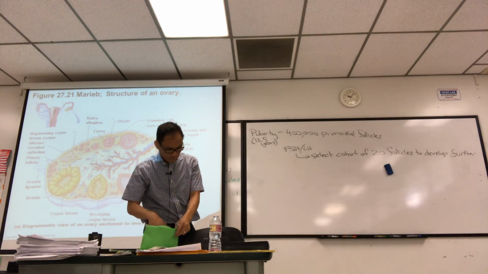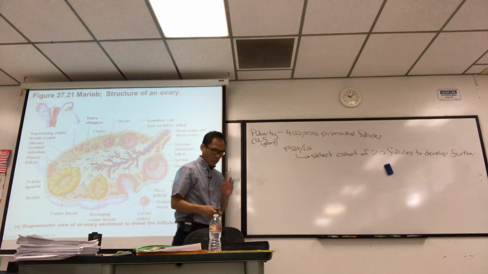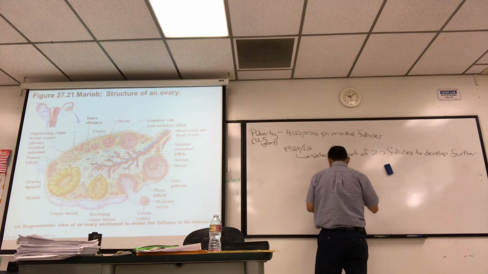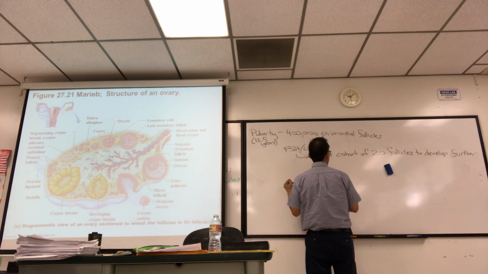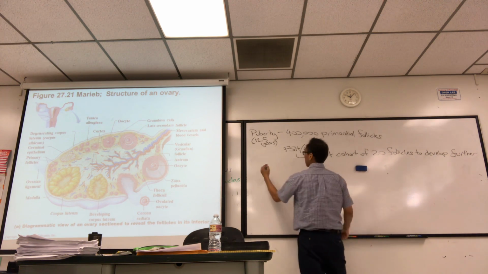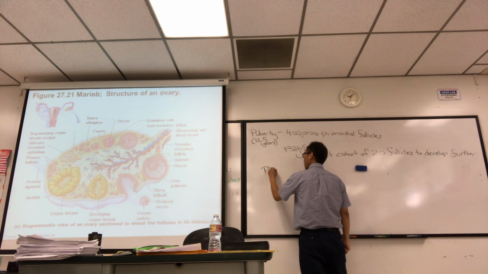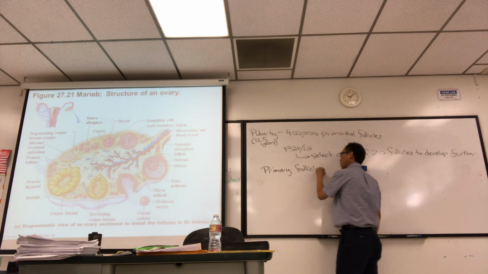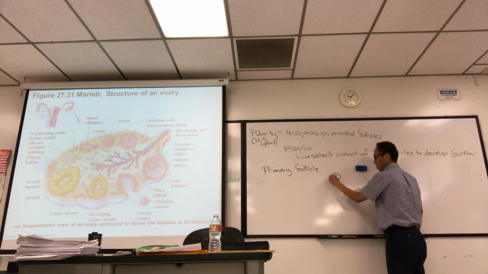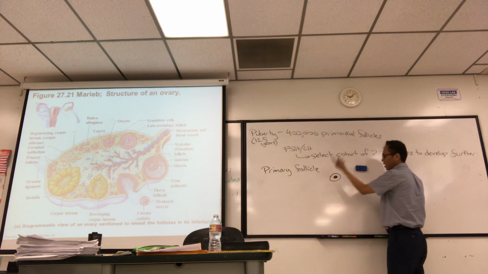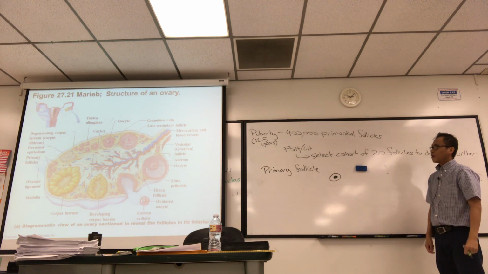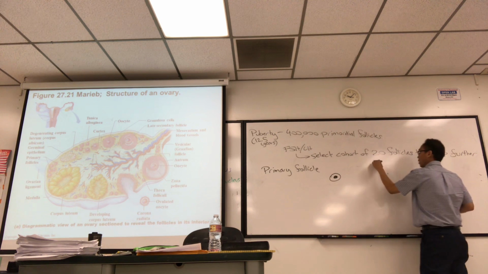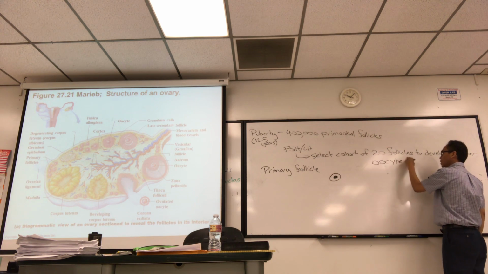After primordial, you have what's called primary follicle. So you have your egg. They usually call it an oocyte at this point, not oogonium. Oocyte equals egg.